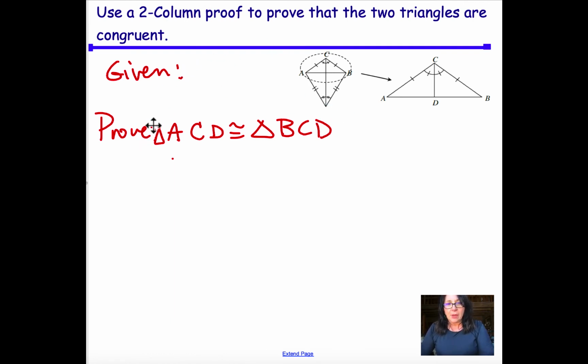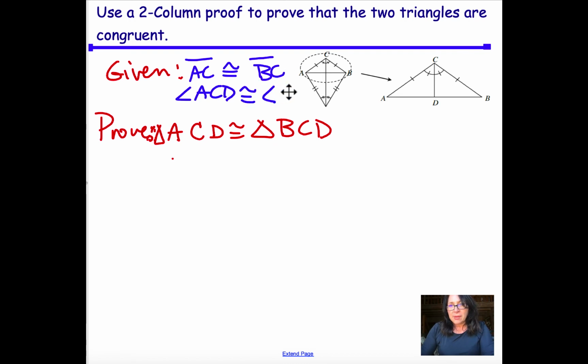Additionally, we know, or what is given, is that segment AC is congruent to segment BC. So we see that by the diagram. We also know that angle ACD is congruent to angle BCD. And that's this angle and this angle, those are congruent, okay?